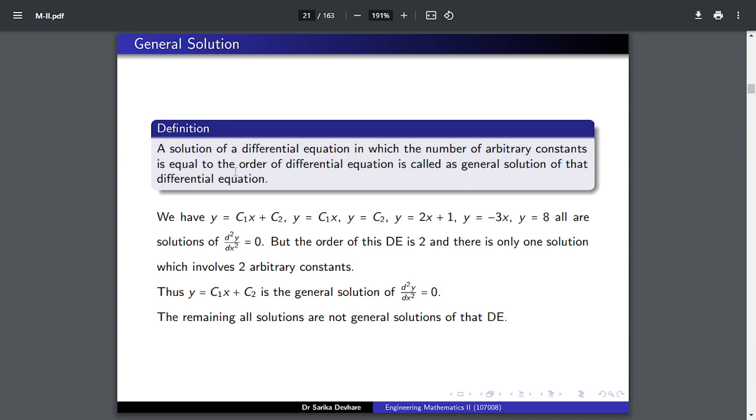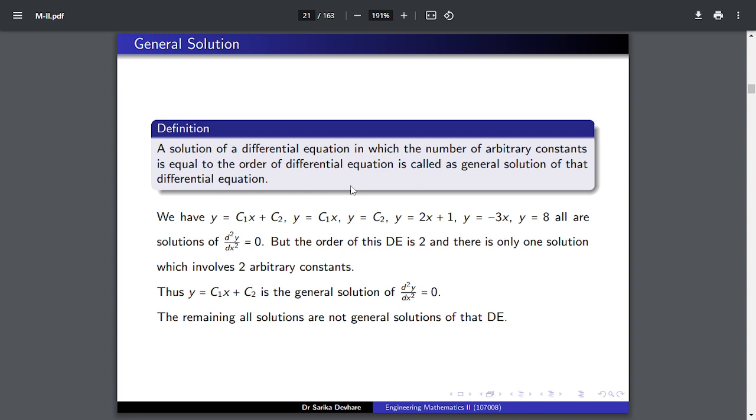A solution of a differential equation in which the number of arbitrary constants is equal to the order of the differential equation is called the general solution of that differential equation. Means what? If the order of the given differential equation is 2, then the solution contains 2 arbitrary constants.